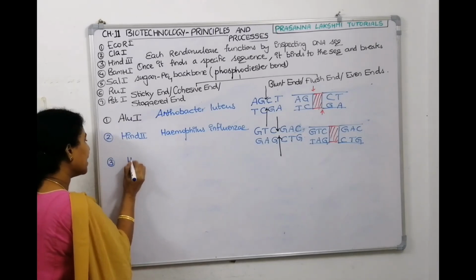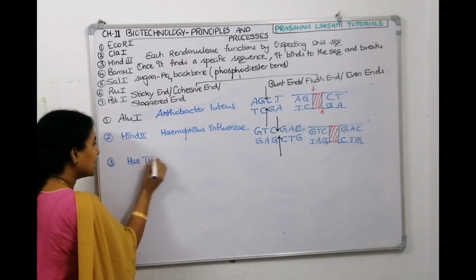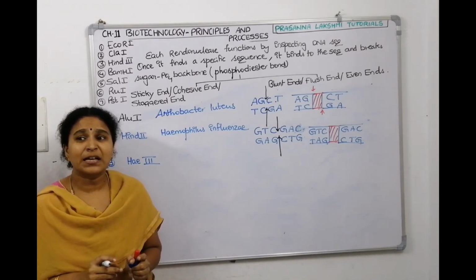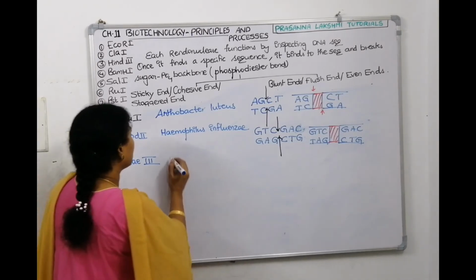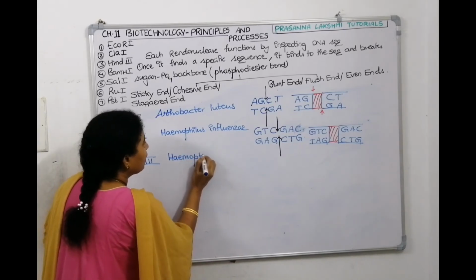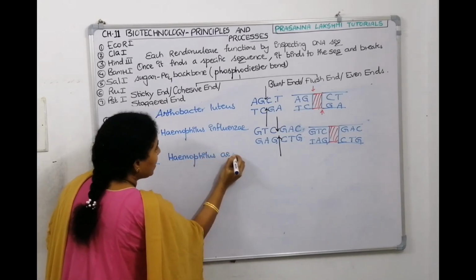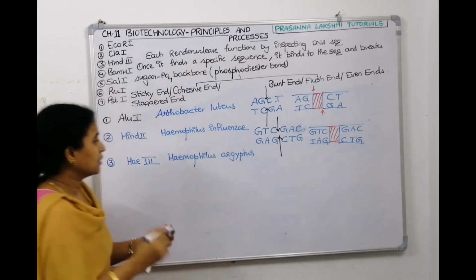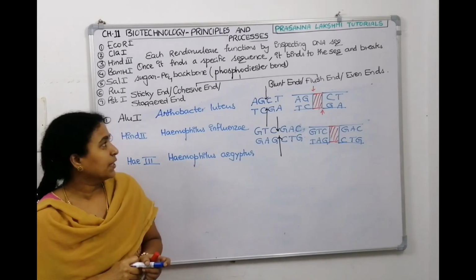What is the third enzyme? HaeIII, which is isolated from Haemophilus aegyptius.